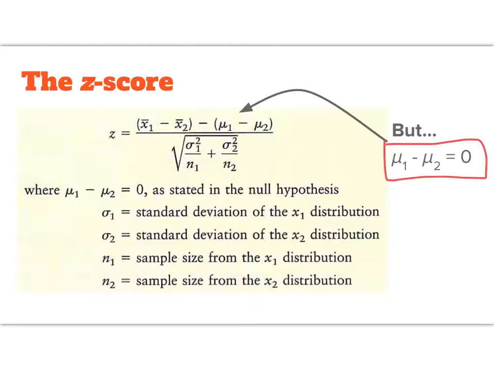And so ultimately, this whole part of the numerator goes away. And so whatever x1 bar minus x2 bar is, there's your numerator, all by its lonesome. And the denominator is that standard deviation that we talked about before, square root of sigma 1 squared over n1 plus sigma 2 squared over n2.